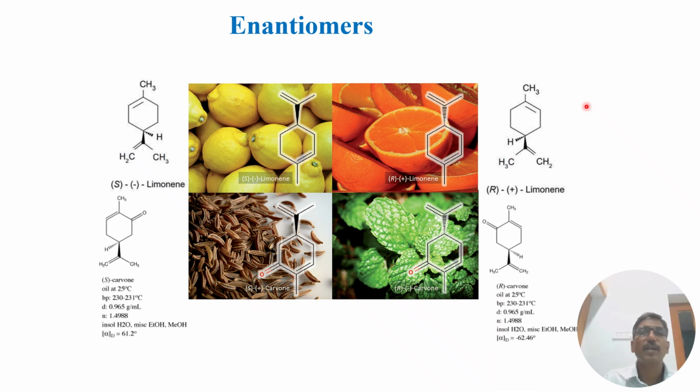This particular slide clearly depicts the importance of a single enantiomer. These four enantiomers naturally exist as single enantiomers. For example, S limonene and R limonene. S limonene has the lemon flavor, whereas R limonene has the orange flavor.